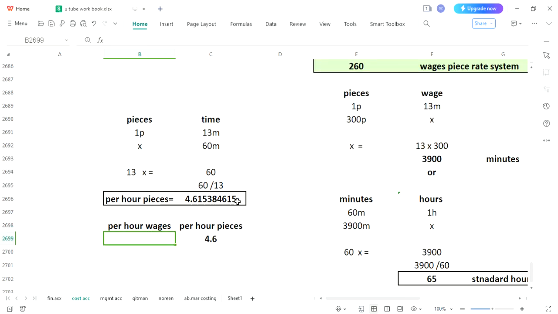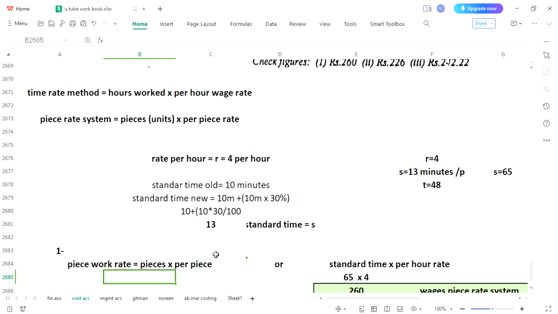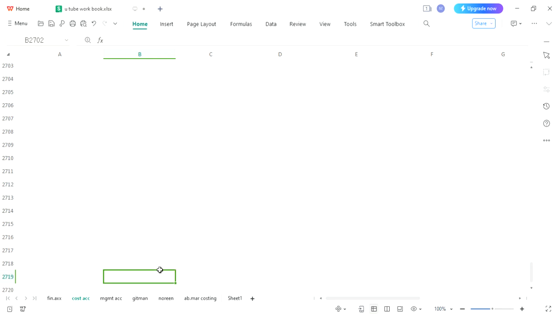In other words, 4 rupees would be given to make 4.6 pieces. And now we want to know for one piece how much amount would be paid. This was our question because per piece rate is needed to calculate the piecework rate system.